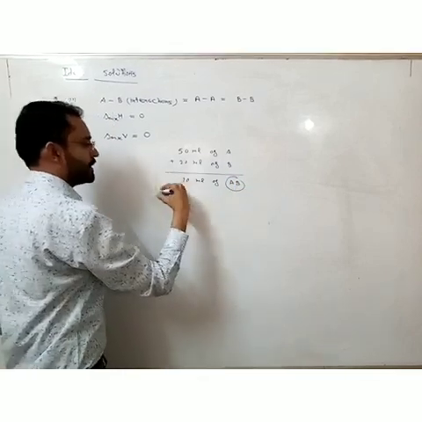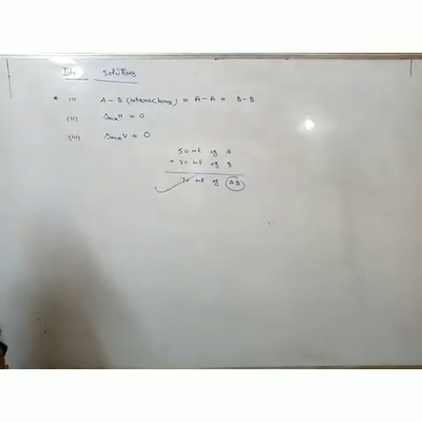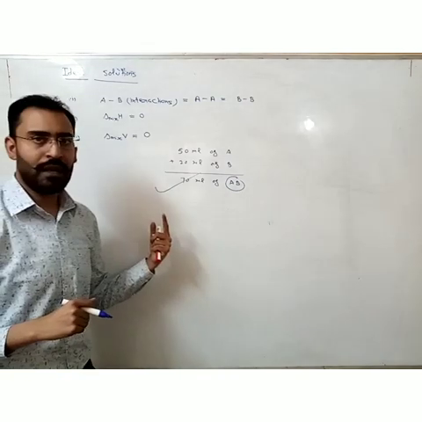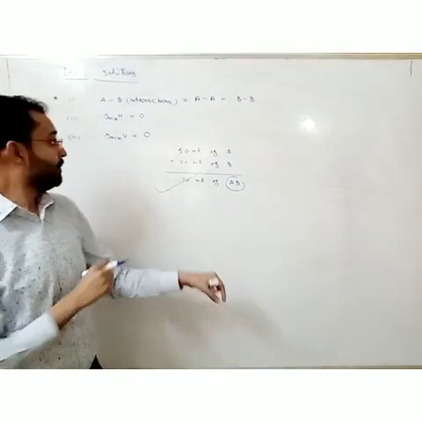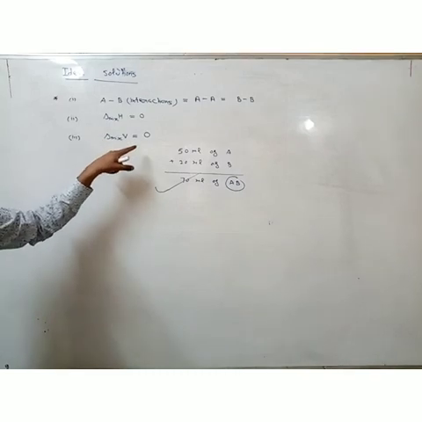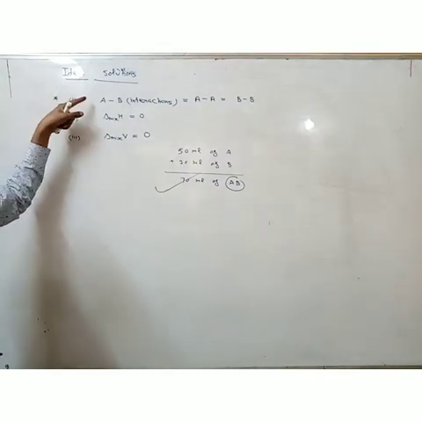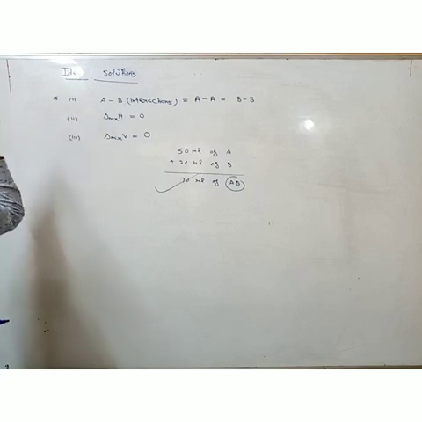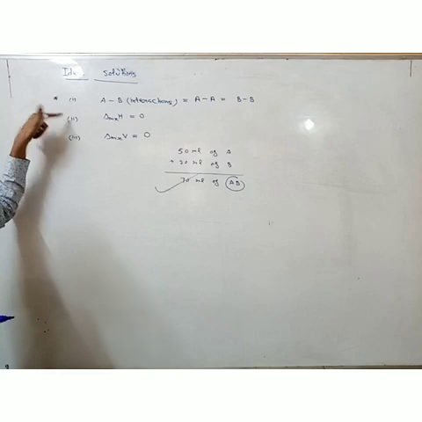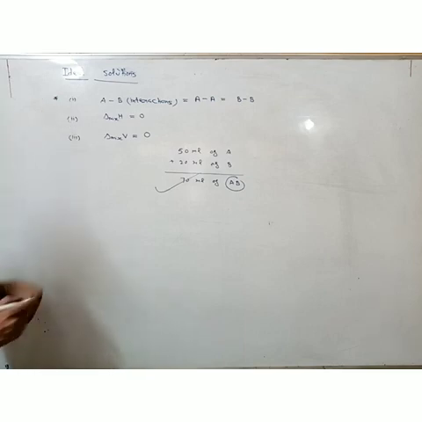Exactly, we will get 70 ml. It can neither be 69 ml nor 71 ml. So delta V mixing is 0. So these are the 3 points you must remember. All interactions are equal, delta H mixing 0, delta V mixing 0.